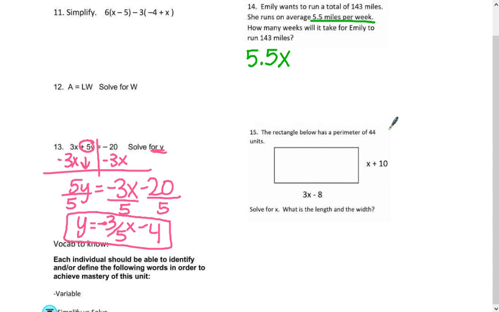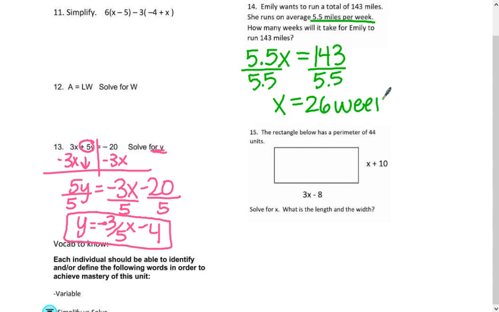Well, I guess she hasn't run anything yet, so we want to know when this amount will equal 143. That's pretty simple. We divide both sides by 5.5, and I'm going to do that. We get x equals 26. So how many weeks will it take? It'll take her 26 weeks.